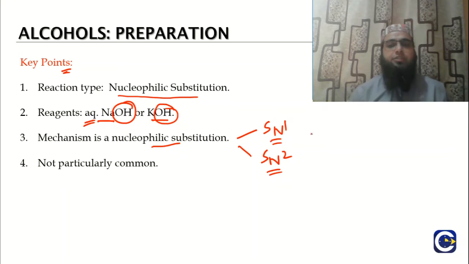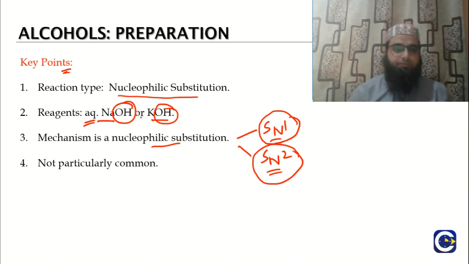We are not going to discuss the mechanism of this reaction at this point, because it needs a little more detail. It will be discussed in detail in the coming videos. This is not actually a good method of preparing alcohol. It's not a common method, because we actually use alcohols for the preparation of alkyl halides.